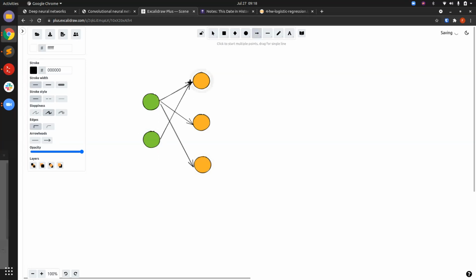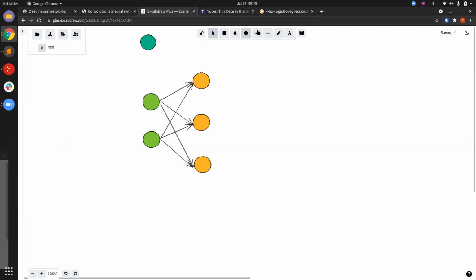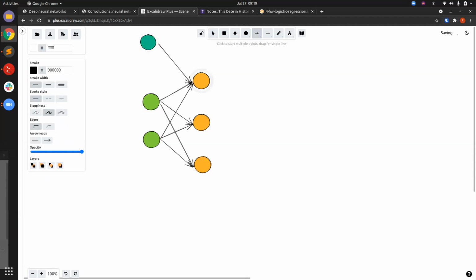And this is a fully connected network, which means that in between layers, every node is connected to every other node in the next layer. I'm going to add my bias node up here. That's a node that I just use for learning the bias term.